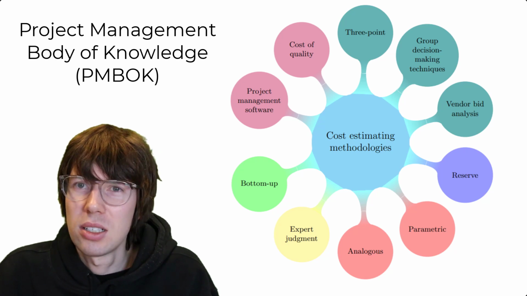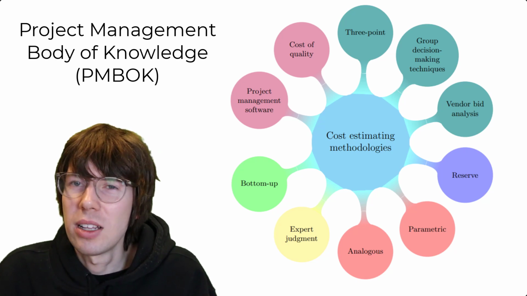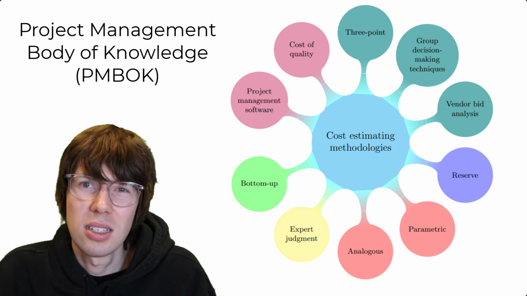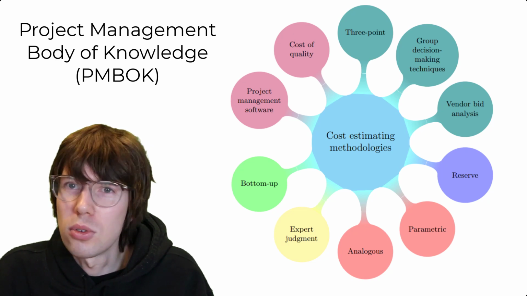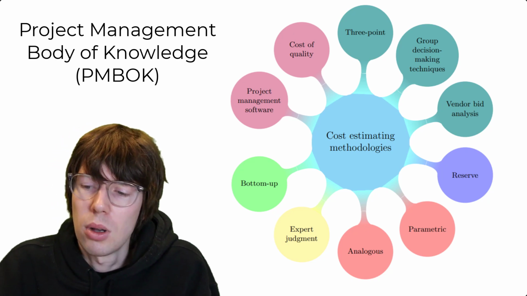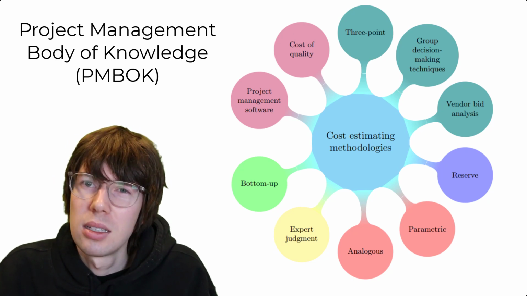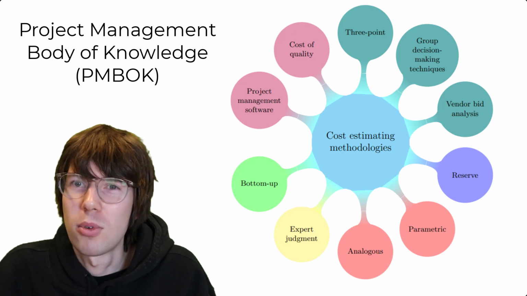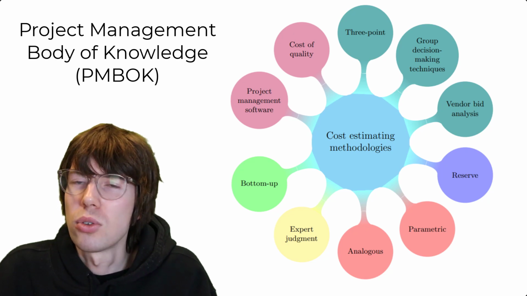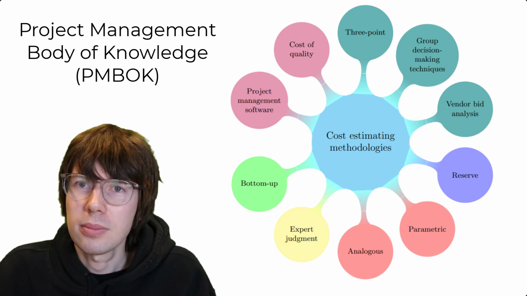It is a collection of best practice, so one of the most well-respected sources of best practice. So this is a good point of departure whenever you want to learn something about project management. So according to the PM book, 10 different methods. And in my course, I want to dedicate a 4-hour lecture to most of these 10 different methods.